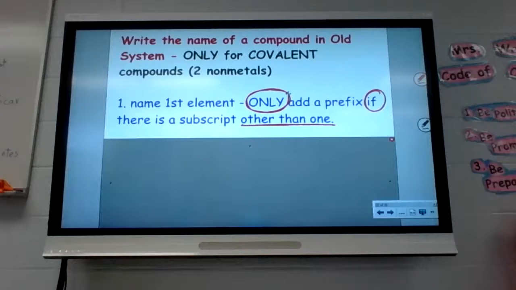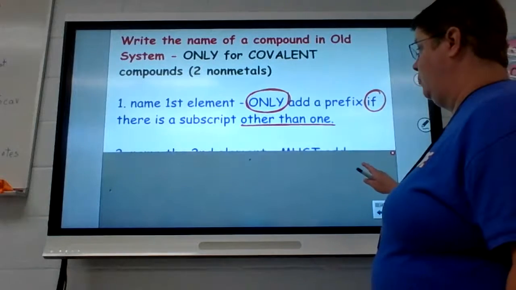If the subscript is something other than 1, like it has a 2 or a 3 or a 4, we will add a prefix to that first element. But if it's just S and it has a 1, you just say sulfur. It does not get a prefix. But if it has S and it has a 2 on it, you're going to add a prefix. So you have to examine the subscript to decide if it's going to get a prefix. Does that make sense?